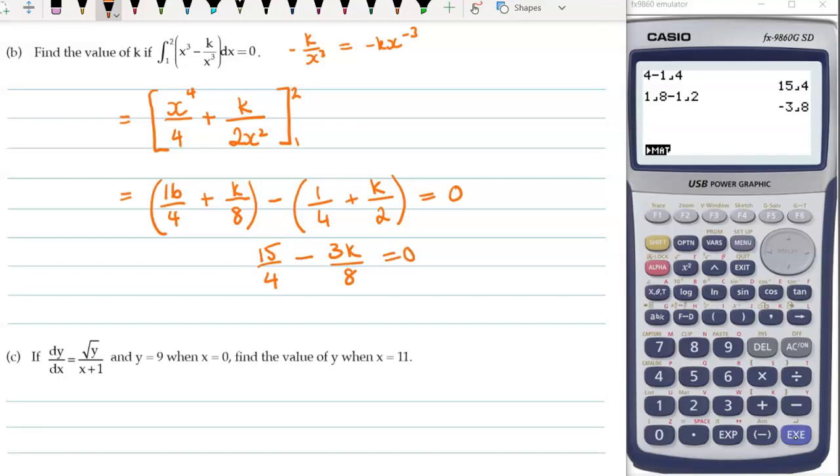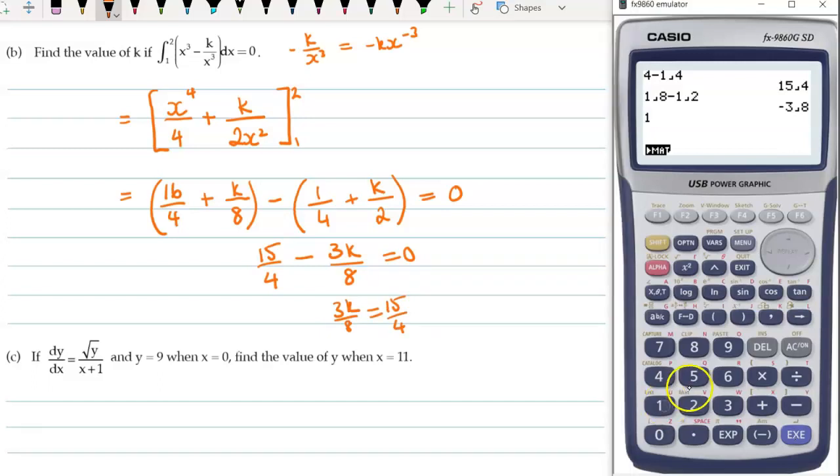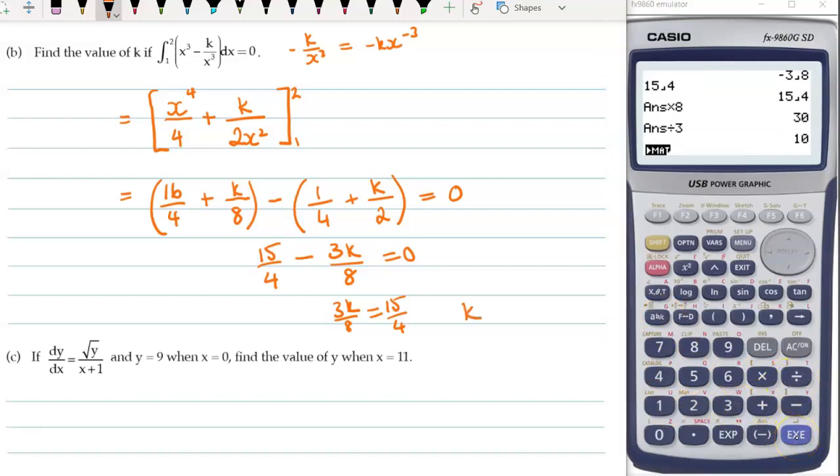So then 3k over 8 is 15 over 4. So let's take 15 over 4, we'll times it by 8, divide it by 3, so k is equal to 10.